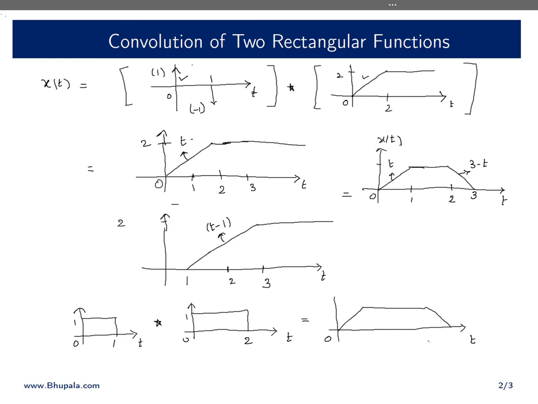So this is 0, this is 3, the time limits are 1 and 2, the equation of this straight line is t, the equation of this straight line is 3 minus t, and the amplitude would be equal to 1.